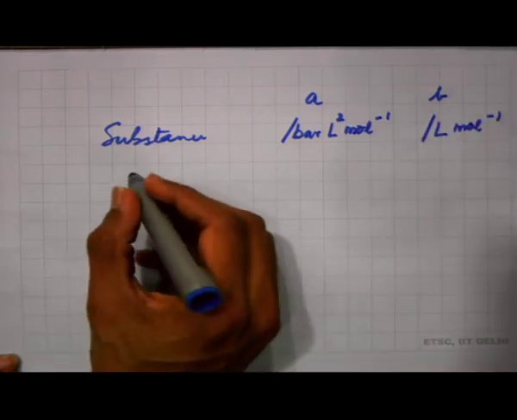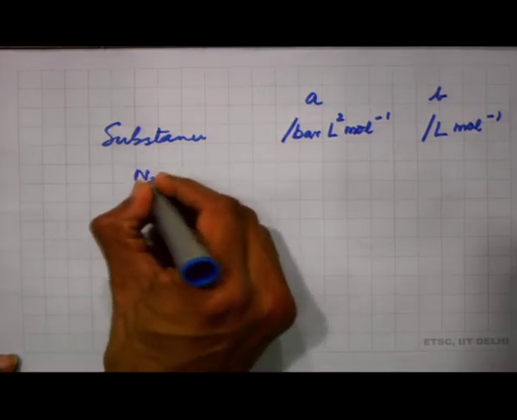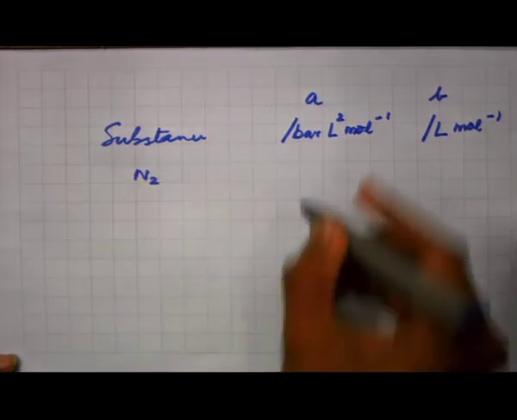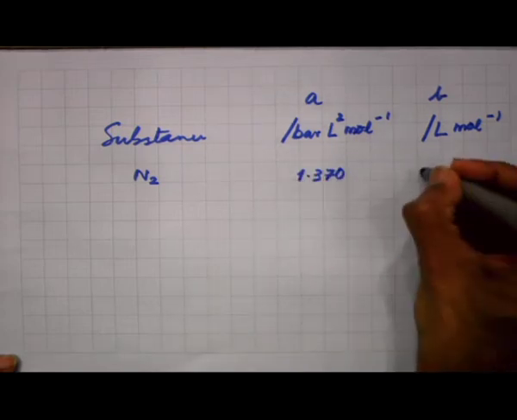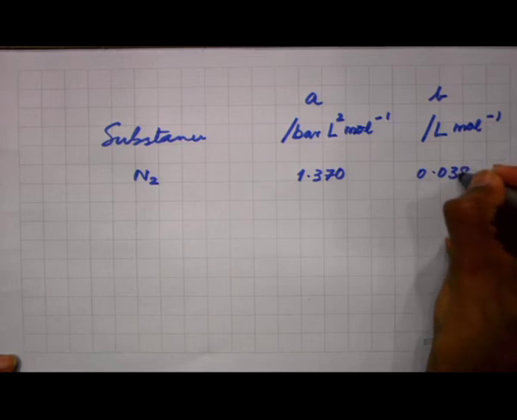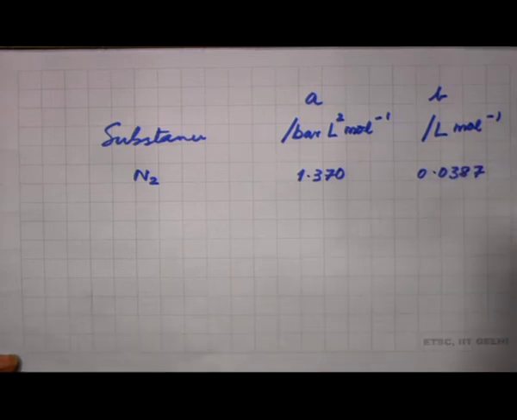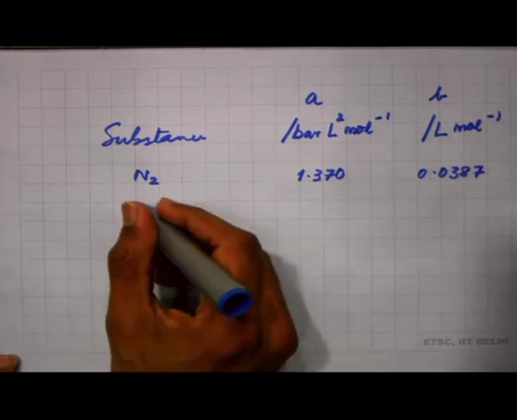So, let us take nitrogen, diatomic. A is 1.37 and B is 0.0387, a number which does not make much sense as yet.